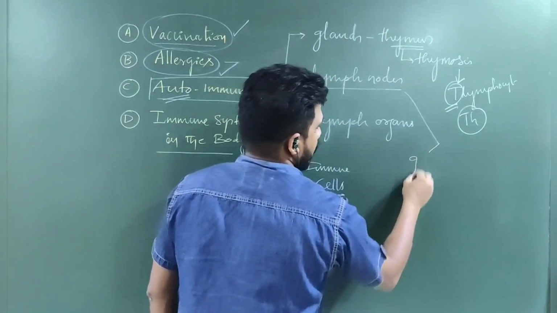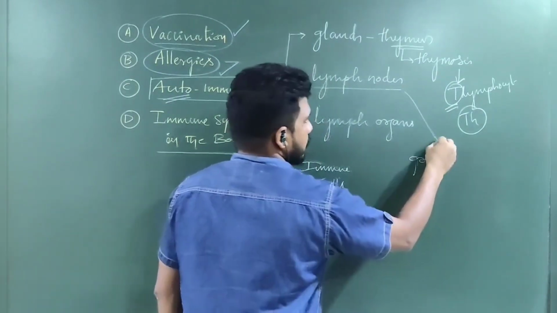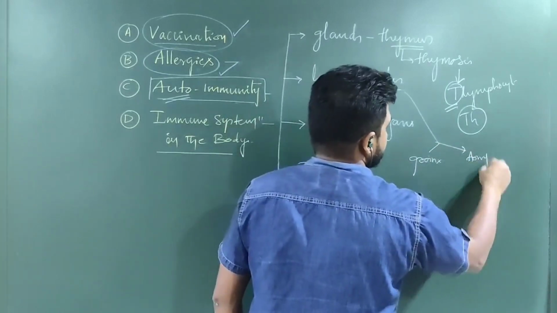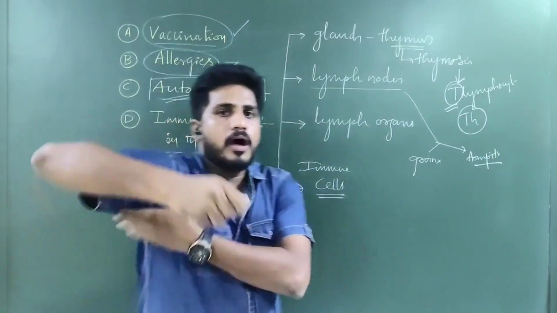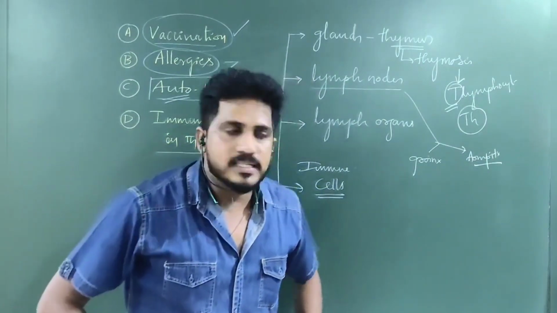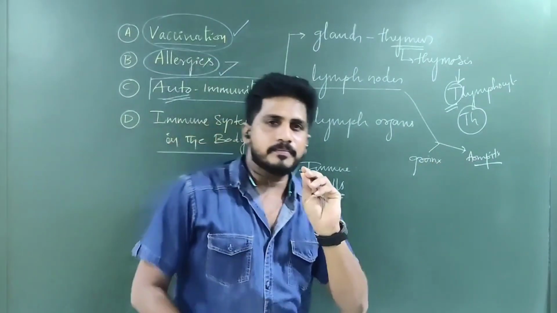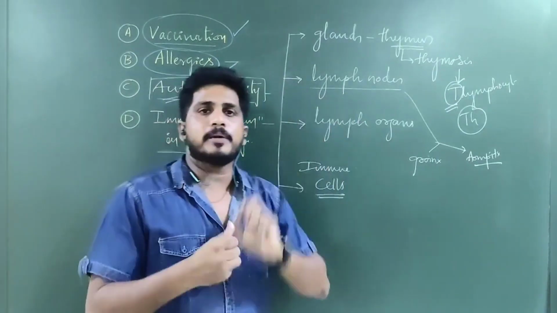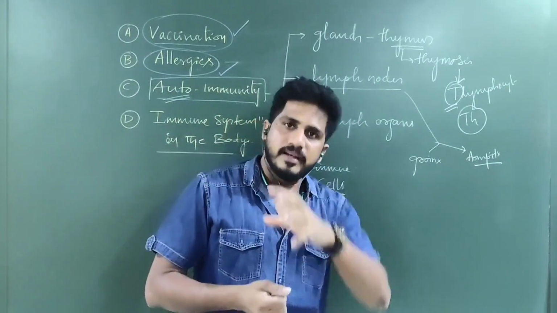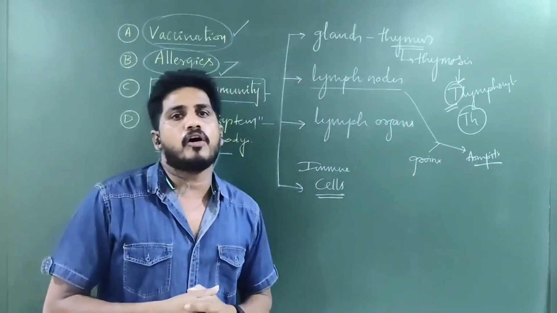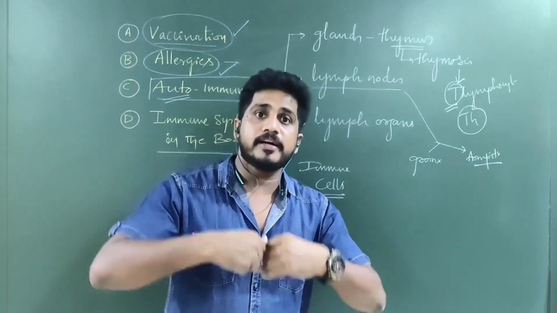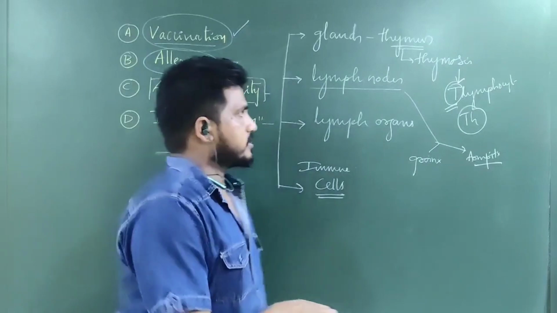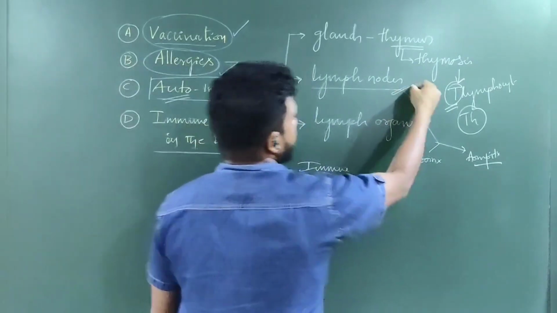Lymph nodes are generally found in the groins and armpits. Armpits are the junctions of the hands, and groins are the junctions of the legs. Some lymph nodes are present there. In them, lymph comes and filters all microorganisms, so that blood and body fluids are filtered free from microorganisms. That's why lymph nodes are also very important.